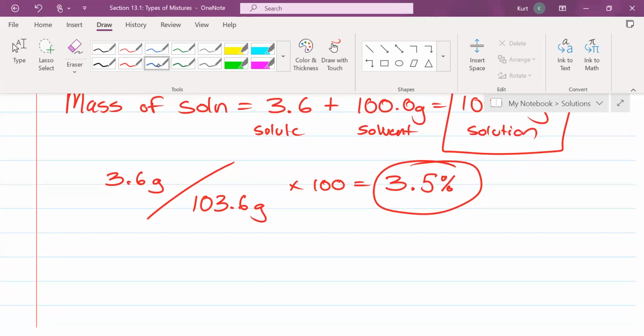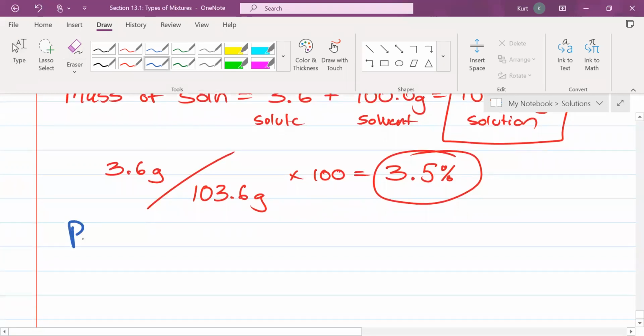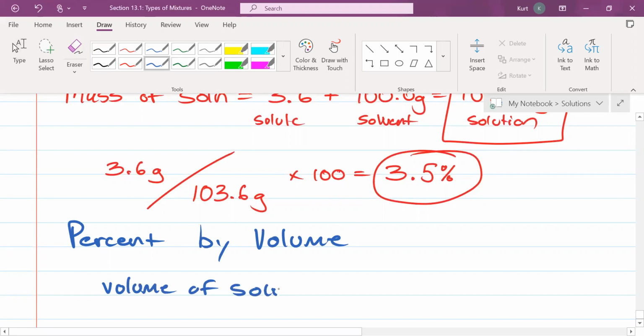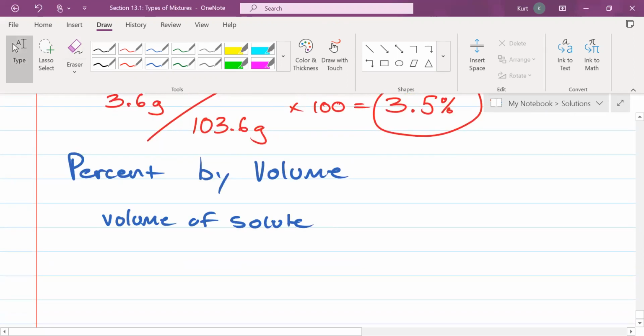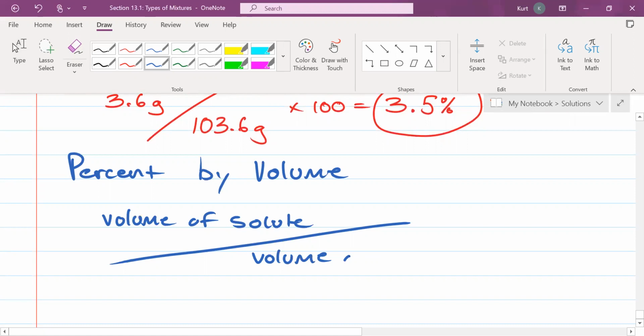Let's do percent by volume, guys. It's basically the same strategy. It's the same way. In fact, I don't even have a practice problem for this. It's the same thing. Volume of solute divided by volume of what?